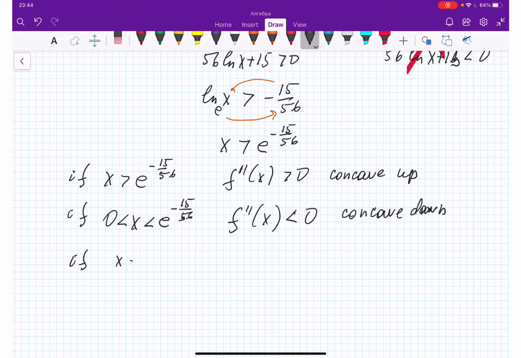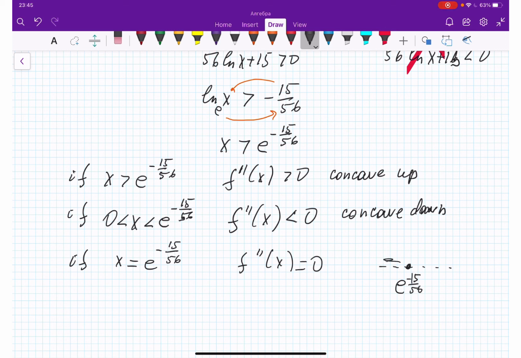And now let's explore when x is equal to e to power negative 15 over 56. If it's equal, then the second derivative of f at x is equal to 0, right? And therefore, what do we get? This is our point at x equal to e to power negative 15 over 56.